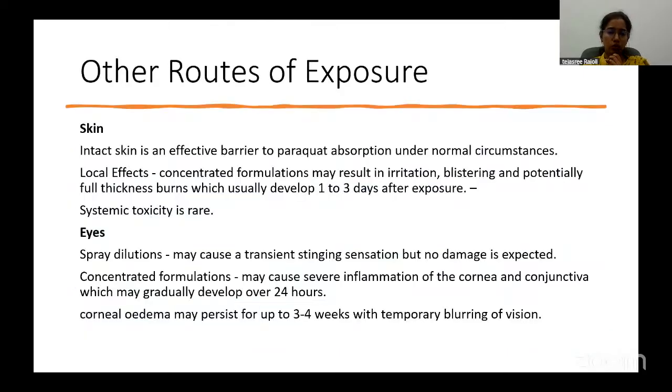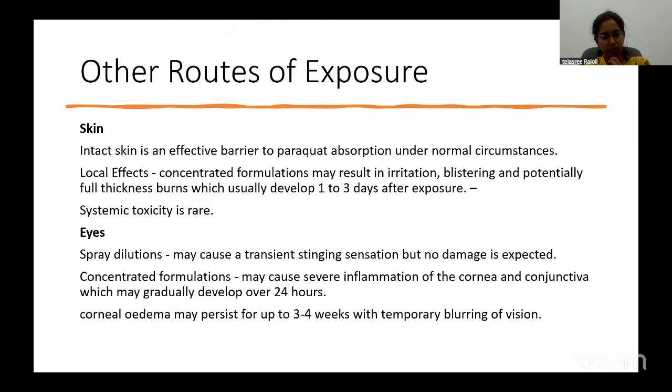Other routes of exposure are possibly the skin, because during spraying and using the pesticide, they might get exposed. But usually intact skin is an effective barrier to paraquat absorption. Usually we see paraquat exposure on damaged skin, where there is a chance of absorption.